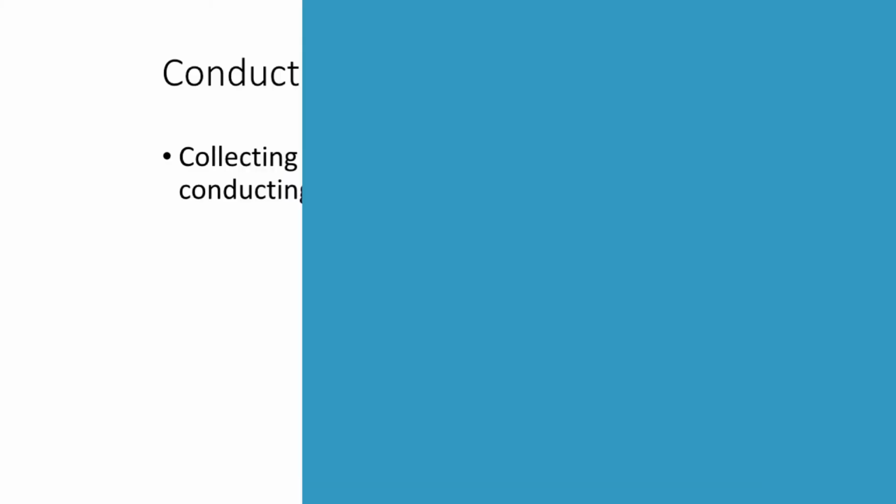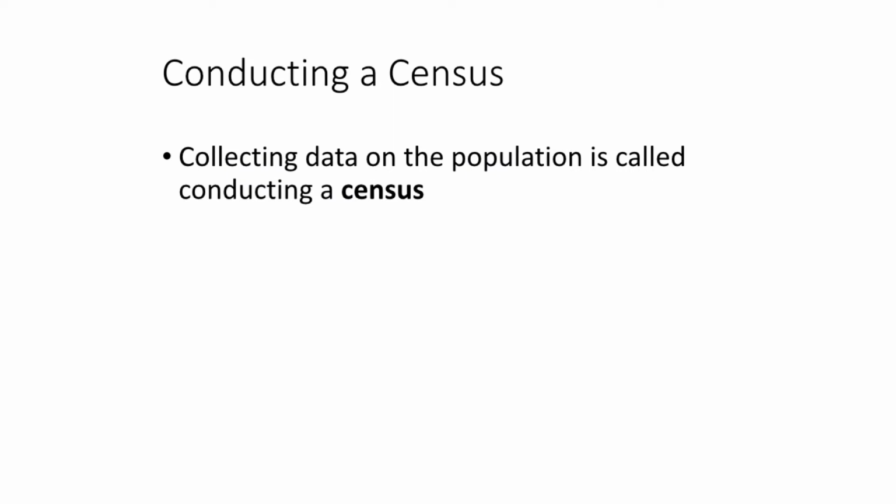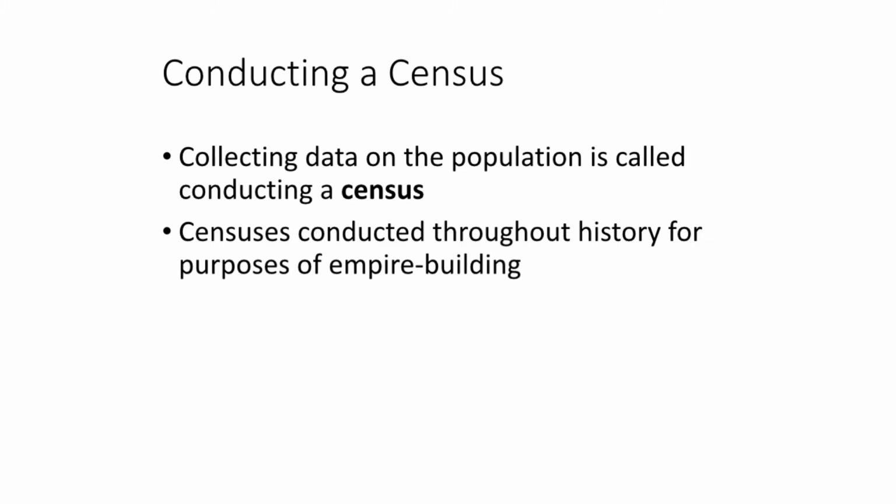So if you want to actually collect data on the entire population, that is called conducting a census. Censuses have a long history. They've existed for centuries and centuries, and they existed really for the purposes of empire building.